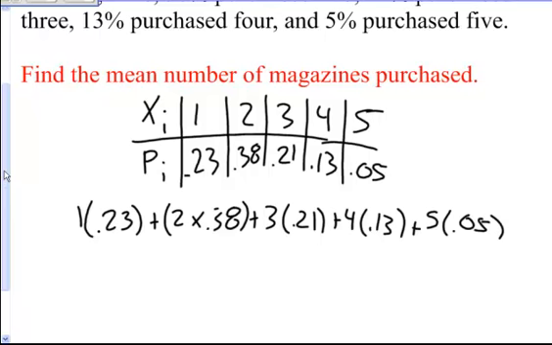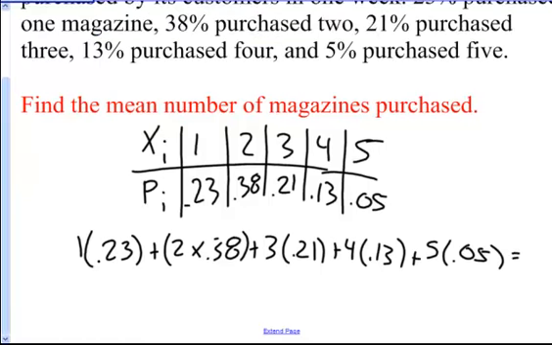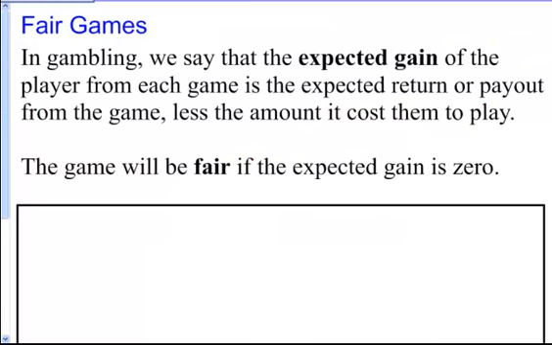Okay? So if you take all those and add them up, we should get a number about 2.39 magazines. So that is going to be the average number of magazines that a person is going to come in and buy. All right?